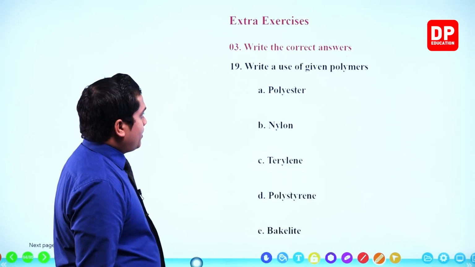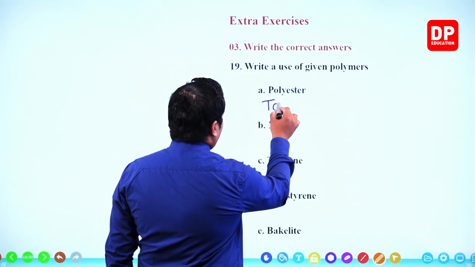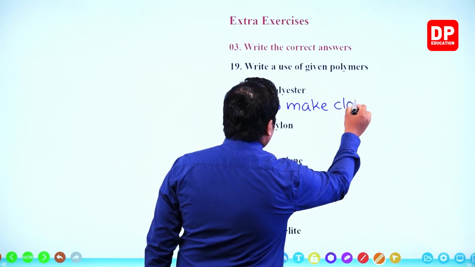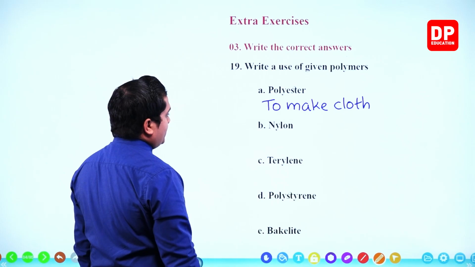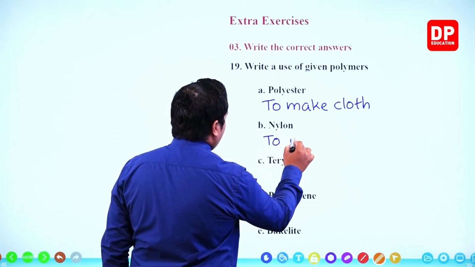Write a use of given polymers. Polyester, simple my dear children, to make cloth. Next one, nylon. Nylon is being used to make ropes.